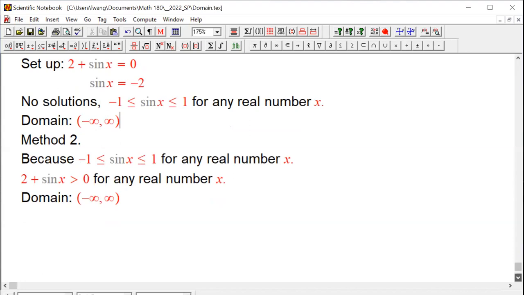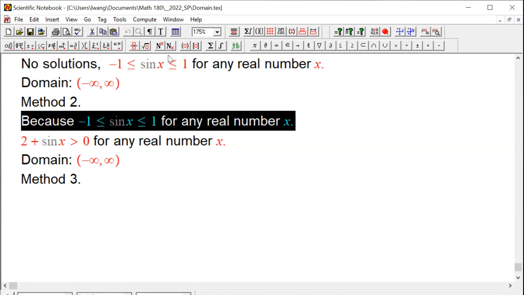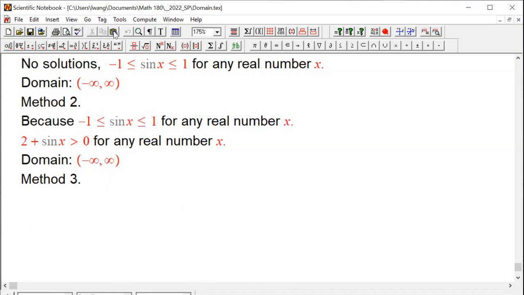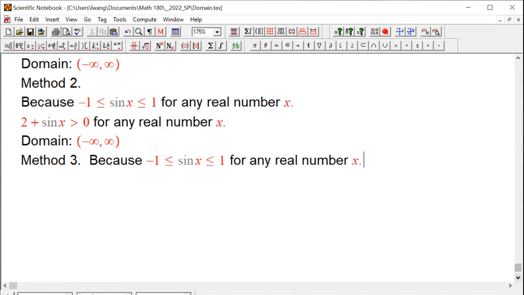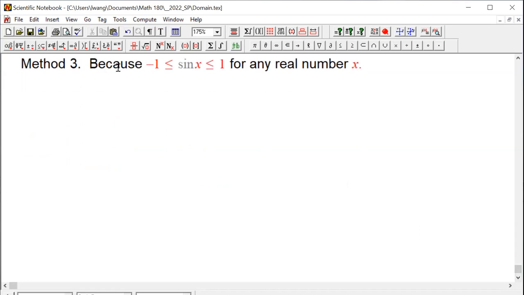As we're doing this, I want to give you a third version of this, so hopefully this will help you know how to manipulate. From this situation, I'm using the same inequality. I'm going to take part of it, and I know this is always true.